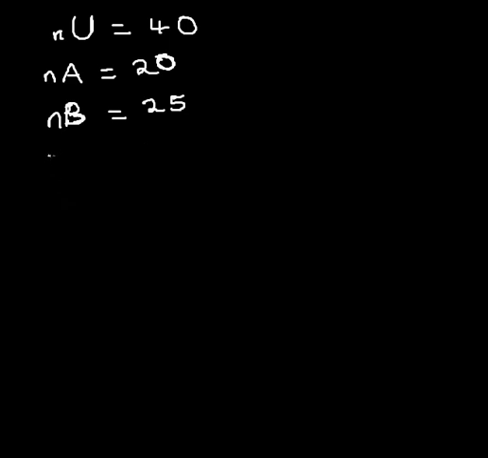And you were told that 4 offer neither of the two subjects. Which simply means there are just two subjects they can choose from: account or business studies. The question is, evaluate the number of students that offer both subjects.